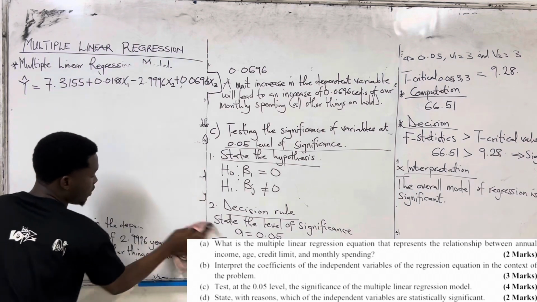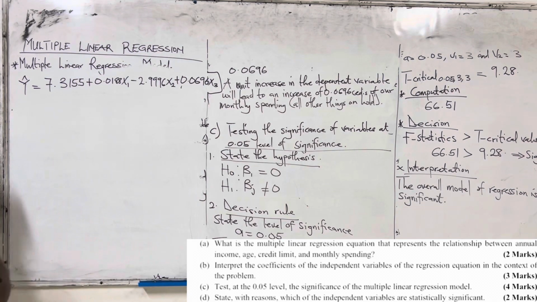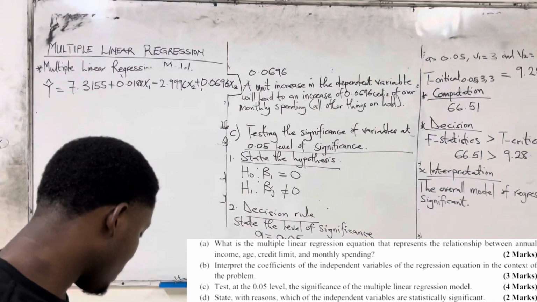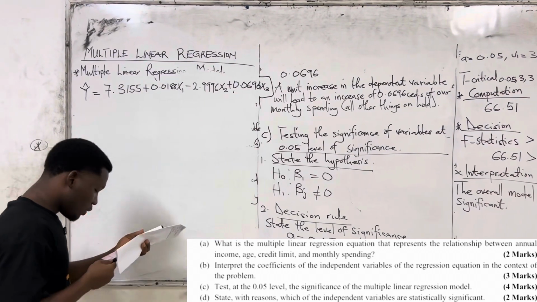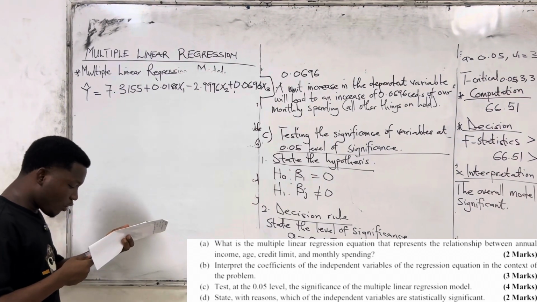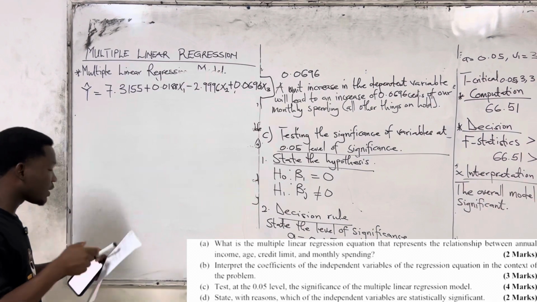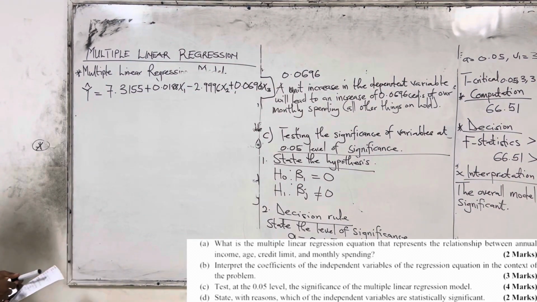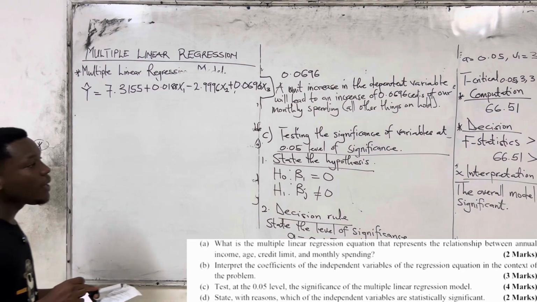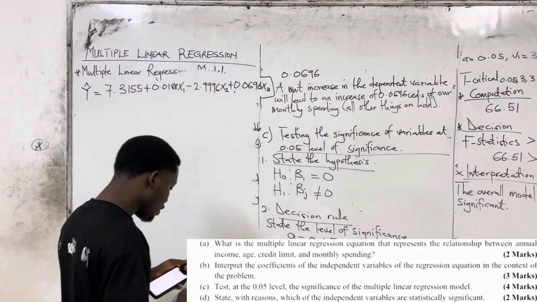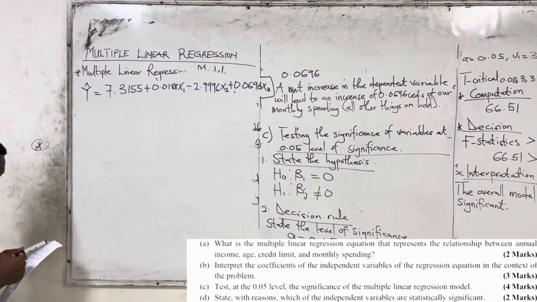So the next question says: state with reasons which of the independent variables are statistically significant. With that one too, we are going to use the p-values.